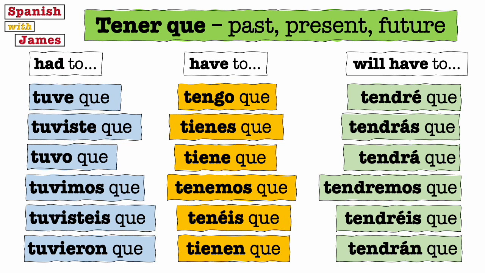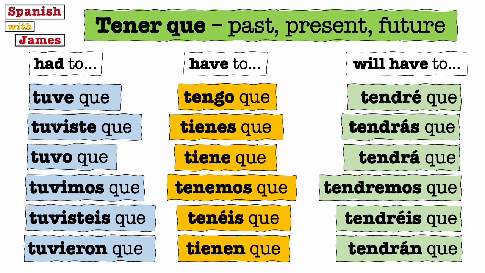So just as we use tengo with que, tengo que, it's the same in the other tenses. We're just using tener in the necessary tense, and then we're adding que, changing the meaning from I have to to I had to, or I will have to. So that's quite simple, but it does require you to know your conjugations of the verb tener in 3 tenses.